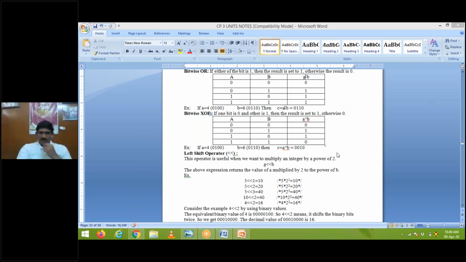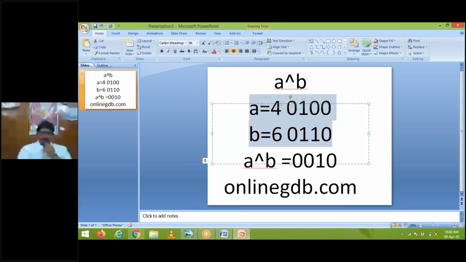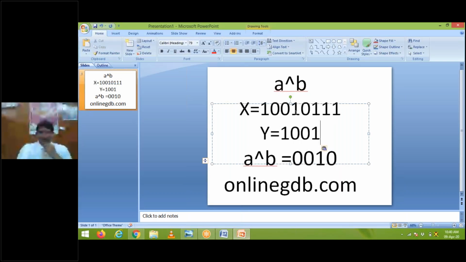Okay, some student is asking question 5b3. It's a good question. They are giving two values, x and y, like this. What is the value of x exclusive or y in this case?